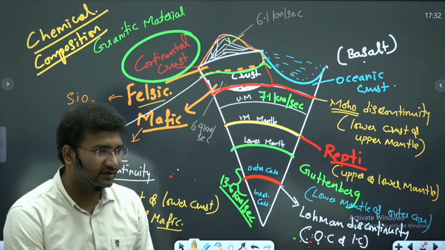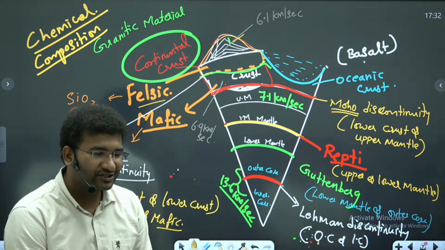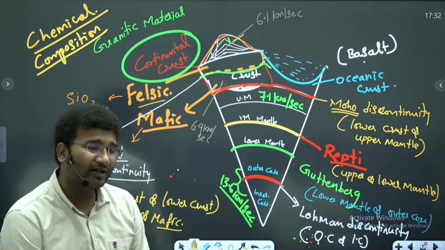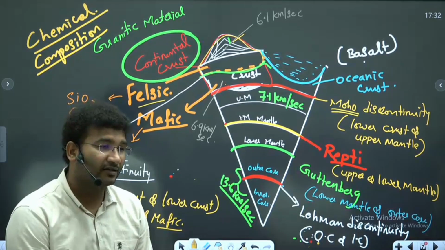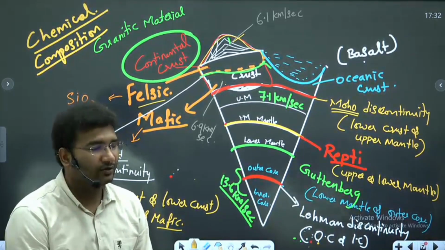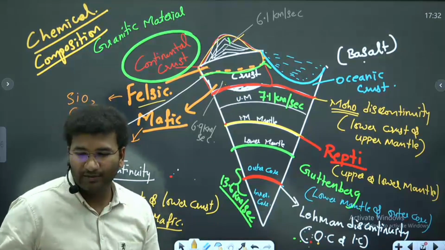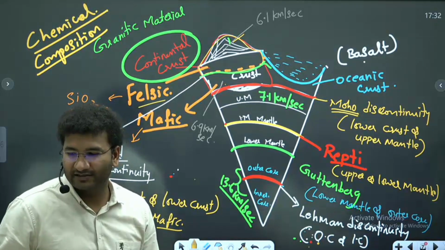Can I call it silica? Alcima, that is magnesium, nickel, ferrous. So your Earth can be broadly classified into those materials which have ferromagnetic properties and those which are non-ferromagnetic substances.